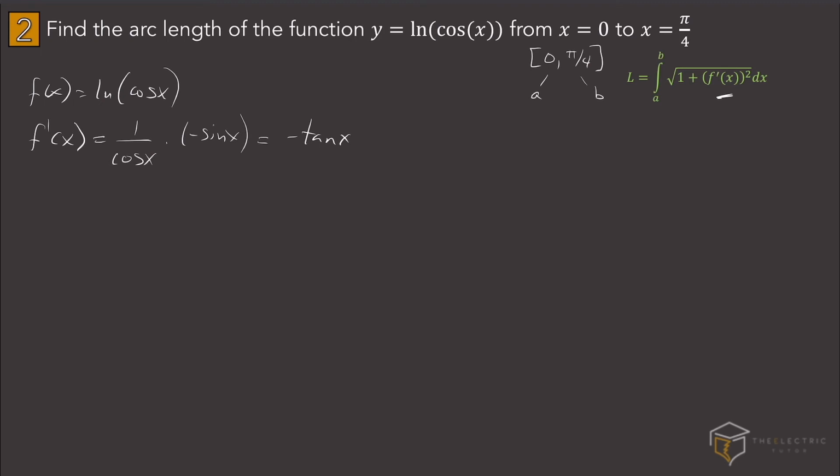If we square that, I don't even have to write this, but for the sake of being consistent, I have tangent squared of x. So the length is the integral from a, which is 0, to pi over 4 of root 1 plus tangent squared.